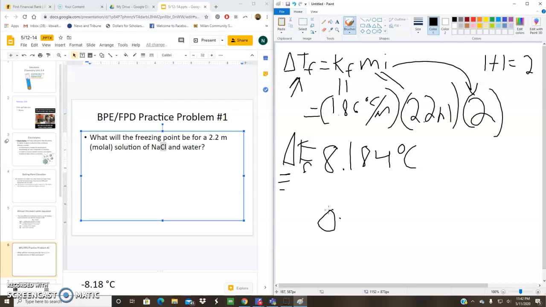So that means we have to subtract 8.184 degrees Celsius, which equals negative 8.18 degrees Celsius. That's all that is to it. It's a very, very simple little equation, very, very easy to do.